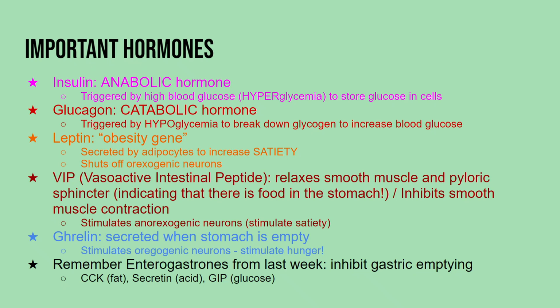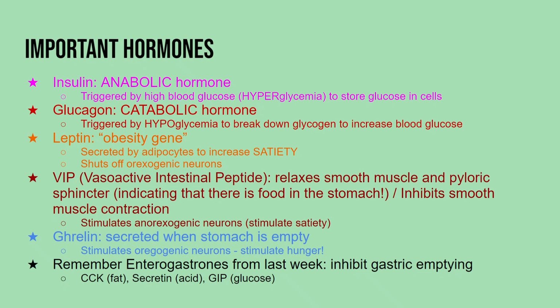It's kind of cool how it works, because at the same time that insulin is helping your body form glycogen to be stored, it's also stimulating your brain and telling it to release this hormone to make you not hungry anymore, which is cool.